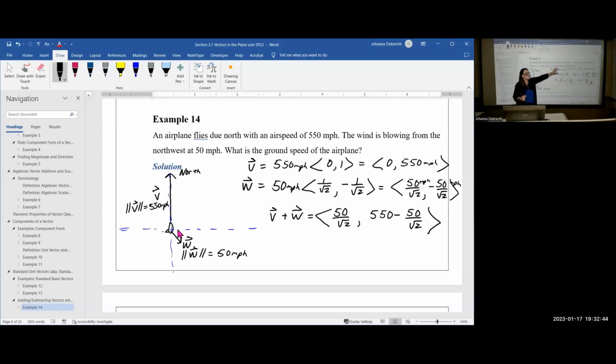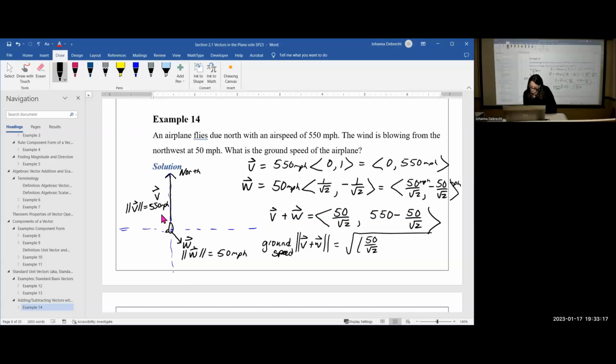Now it wants to know what the ground speed of the airplane is, and the word speed just tells you to find the magnitude of the sum of those two vectors. So we need to find the magnitude of V plus W. So the ground speed is going to be that magnitude. So we're going to put this in magnitude, and then we'll take the square root, and we'll square both of these things.